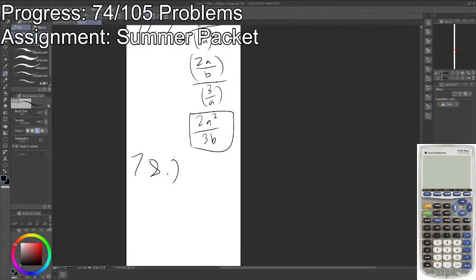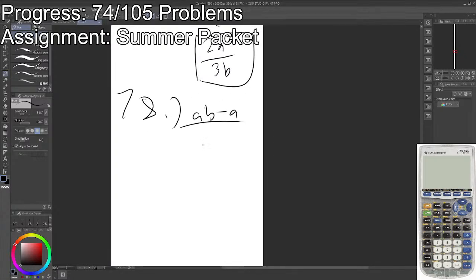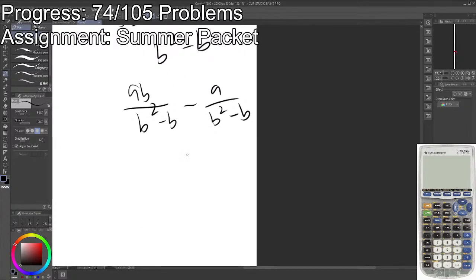$78. AB minus A. B squared minus B. Well, let's see, you can split these up like this. What's this really do though?